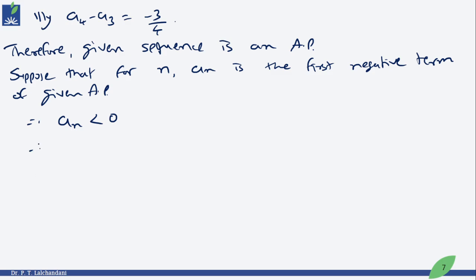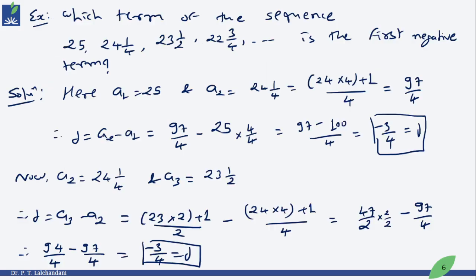But we know the formula for an, right? Suppose you are given an arithmetic progression, then we know the formula to find its nth term, an. So what is the formula? It is the first term plus n minus 1 times d. So an equals a1 plus n minus 1 times d, which is less than 0 as it is. Now let us put the values of a1 and d. What is A1? A1 is the first term.